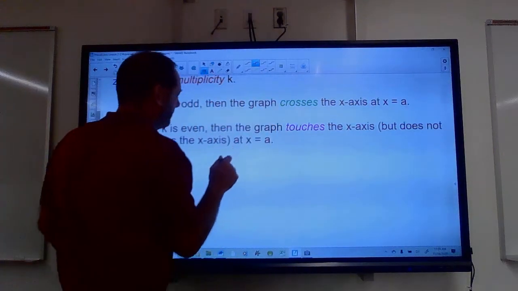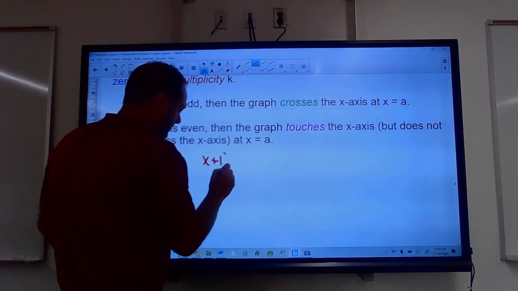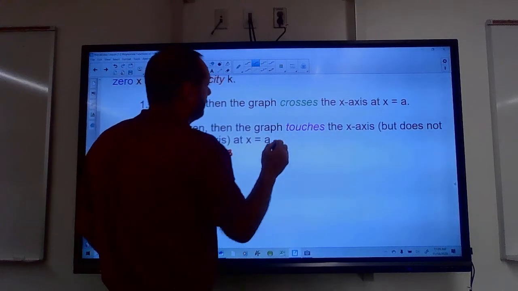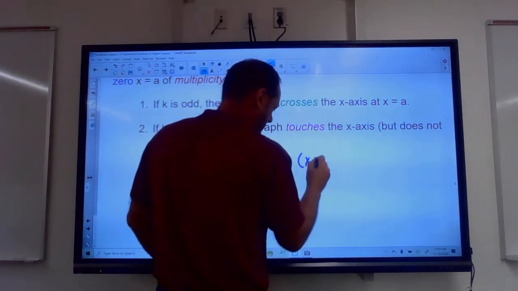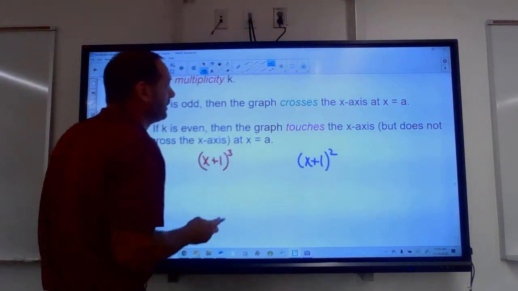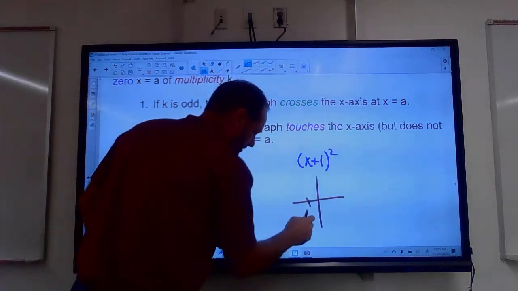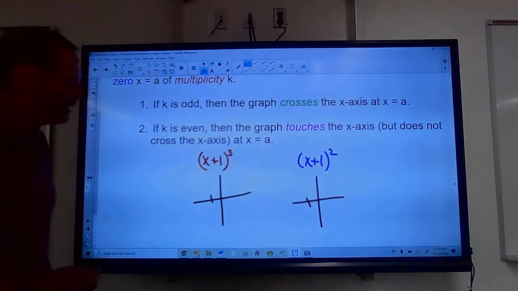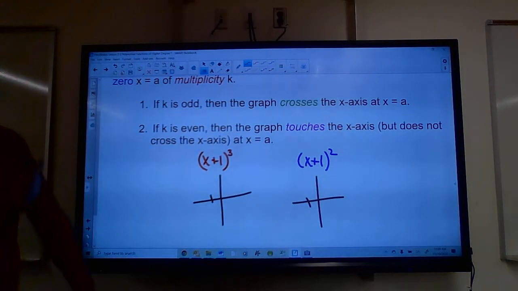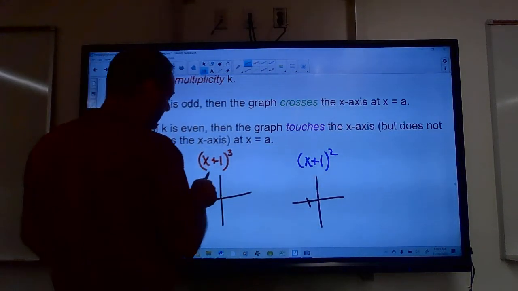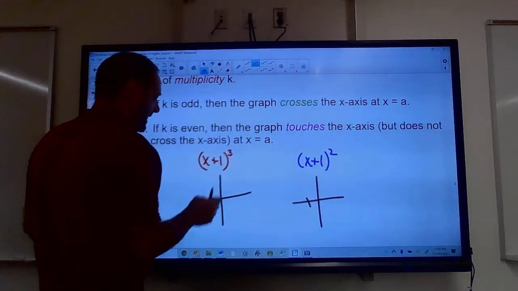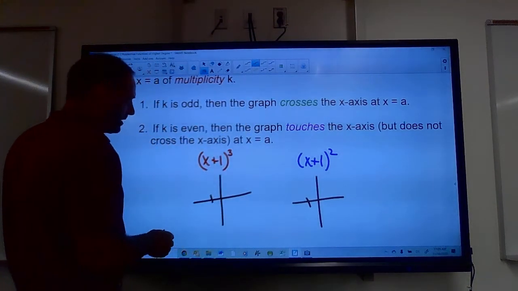So if I had this versus I had this. Okay, both of these things are going to have a zero at negative 1, but this one is going to cross the x-axis at negative 1. So it's a cubic.